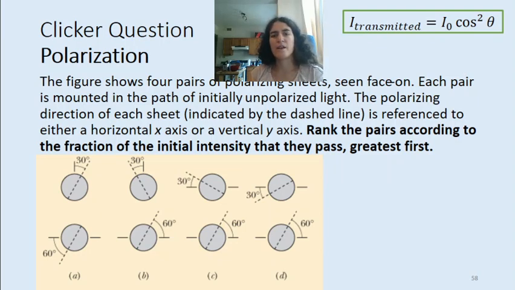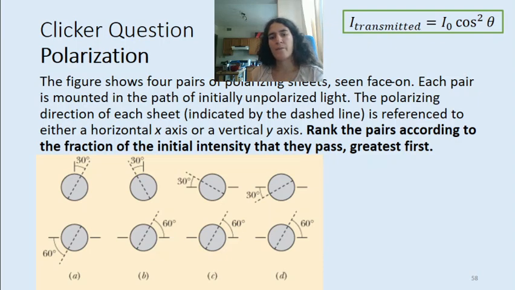Okay, now we need to think about which would be the smallest. Do you see here that this axis is perpendicular to this axis, right? Because I can tell that there's a 90-degree angle difference between this axis and this axis. So this would have the smallest intensity pass through.